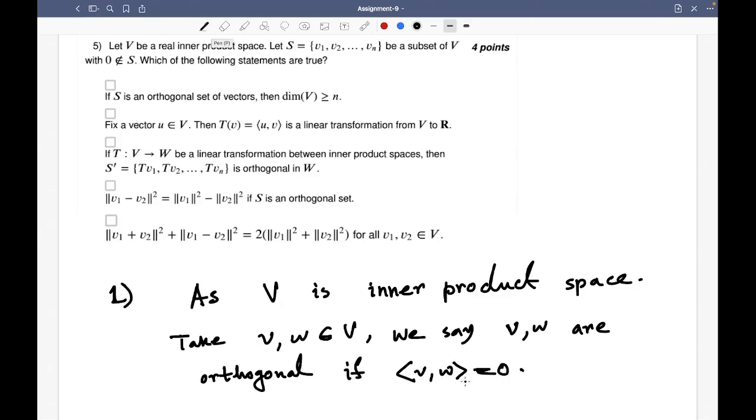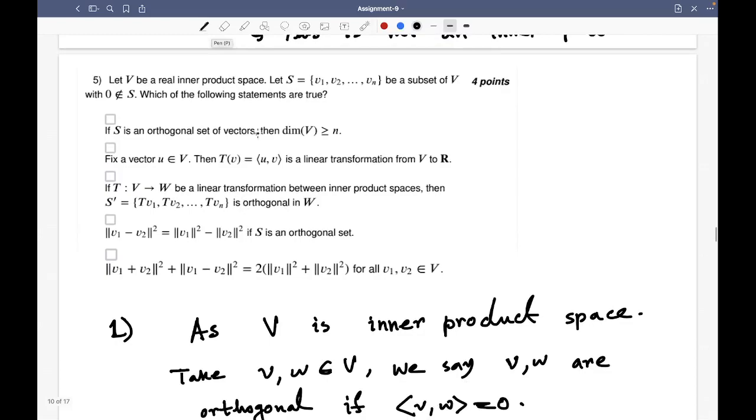This is orthogonal. And S is an orthogonal set of vectors means the inner product of any two distinct vectors Vi, Vj will be 0. The option says that if S is an orthogonal set of vectors, then the dimension of V is greater than n, and S contains n vectors.